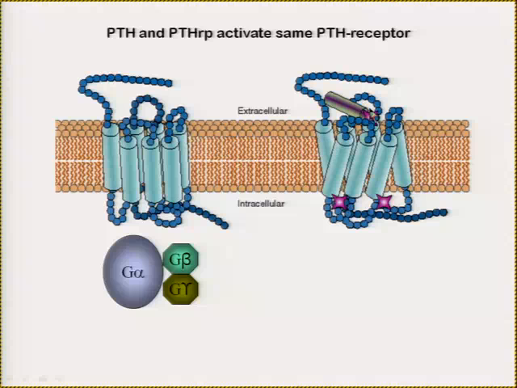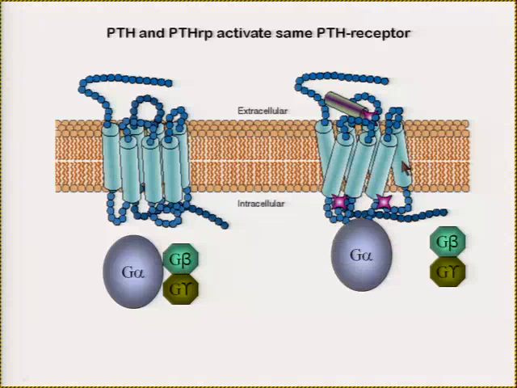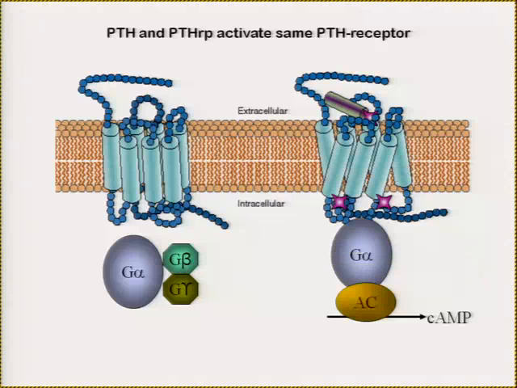So when the ligand binds to the PTH receptor, whether it's PTH or PTHrP, what happens is G alpha, which is usually sitting there bound to beta and gamma G proteins, is recruited to the receptor, and there's all sorts of other things that go on that we're not going to get into today. G beta and gamma go away, and this G sub alpha then recruits adenylate cyclase, and cyclic AMP is made. And PTH and PTHrP have most of their functions through cyclic AMP.